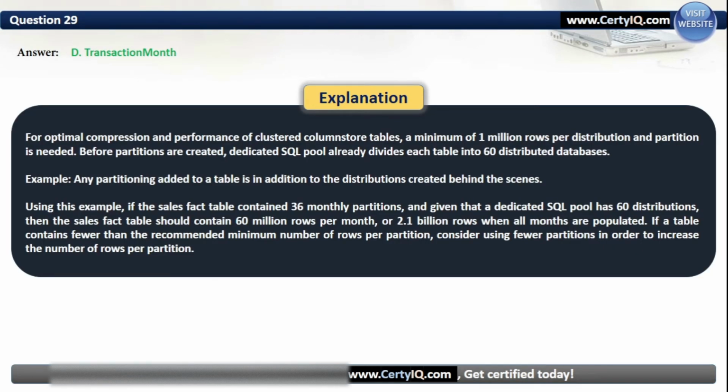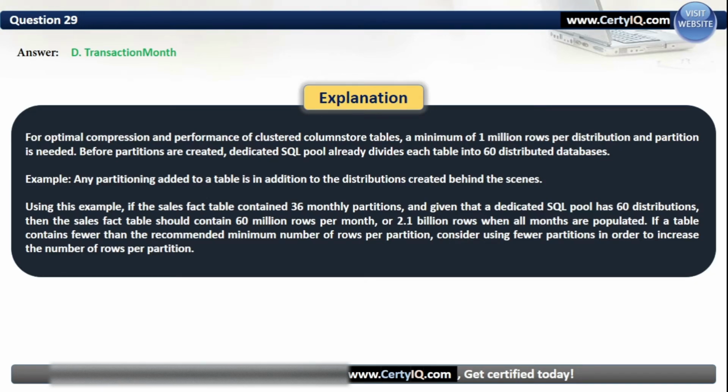For optimal compression and performance of clustered columnstore tables, a minimum of 1 million rows per distribution and partition is needed. Before partitions are created, a dedicated SQL pool already divides each table into 60 distributed databases. Any partitioning added to a table is in addition to the distributions created behind the scenes.